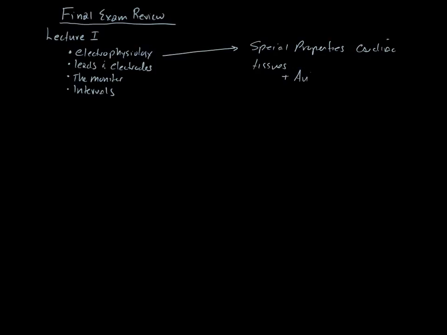Automaticity, good. What is that? They can generate an action potential on their own, okay. And which tissues tend to have more automaticity? Nodal tissues, right? They're constantly permeable to sodium. Okay. What else?